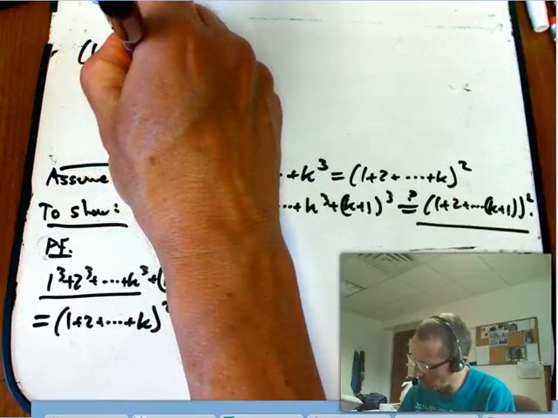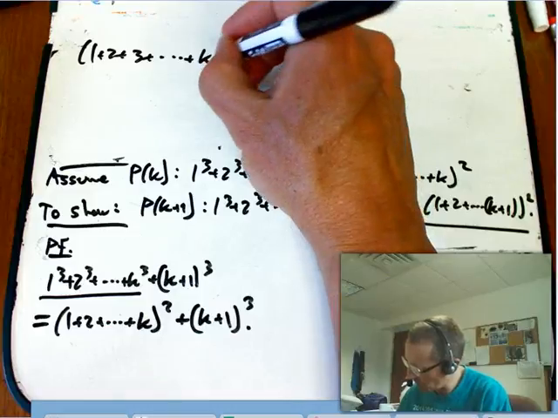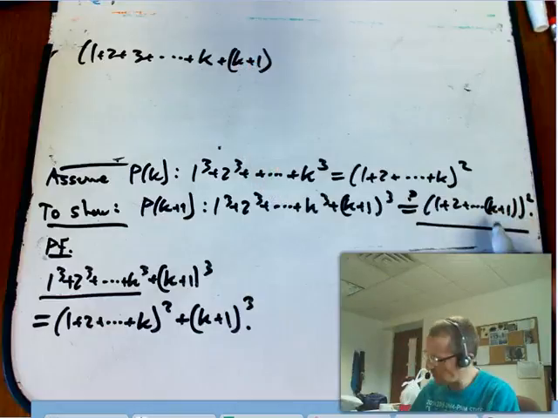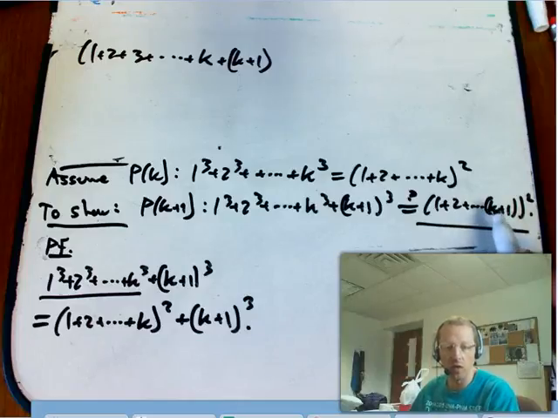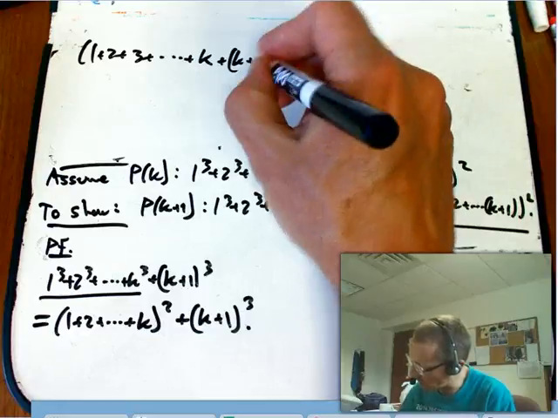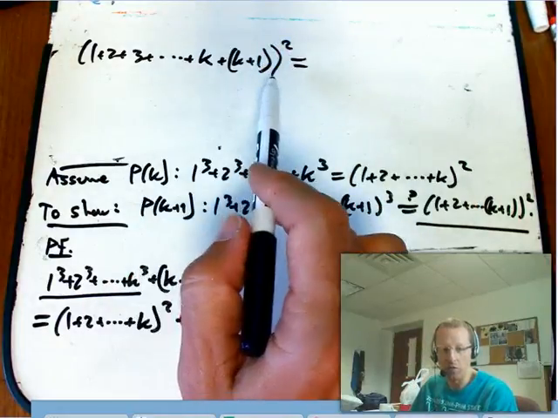1 plus 2 plus 3 plus, and I'm going to do something that's very, very common when you're looking at sequences and induction, which is the dot dot dots. I didn't need to put the k here because it's pretty obvious what's the number right before k plus 1, but it can be very, very useful to put that in explicitly, especially if you're going to separate off the influence of that k plus 1.